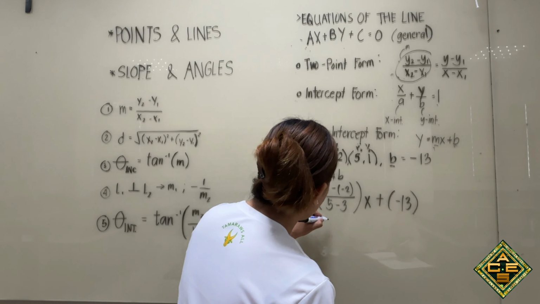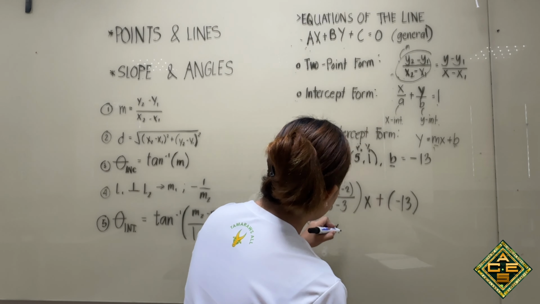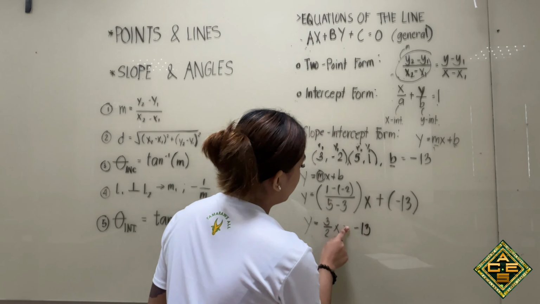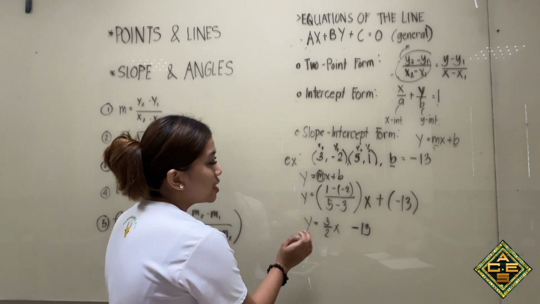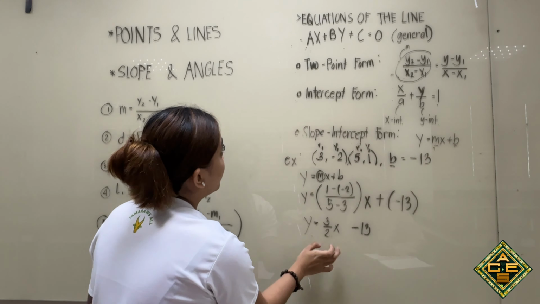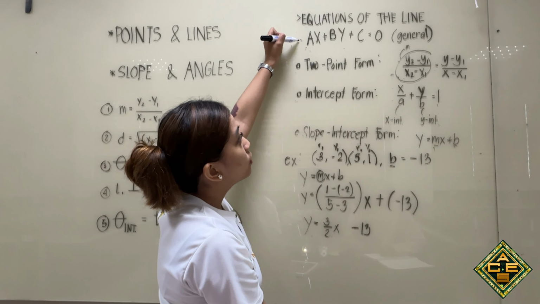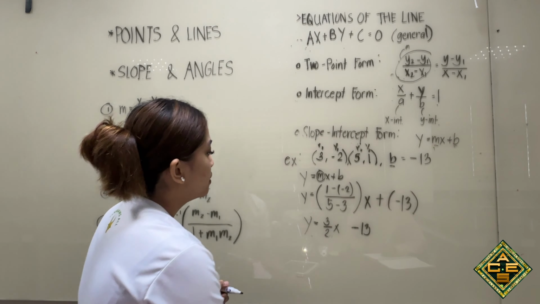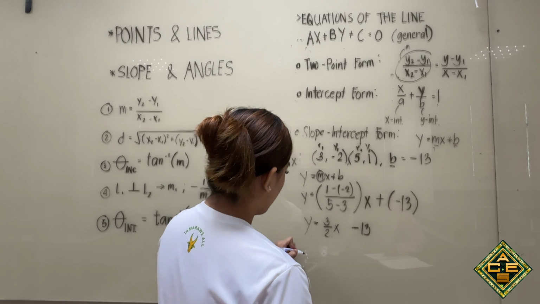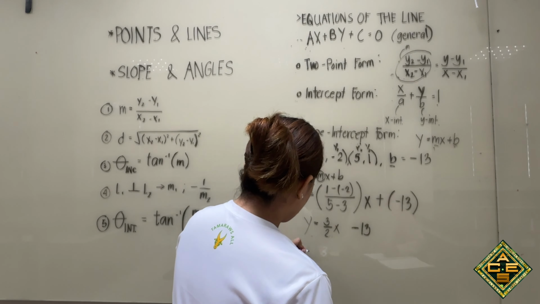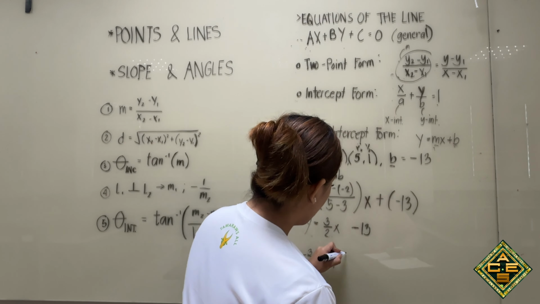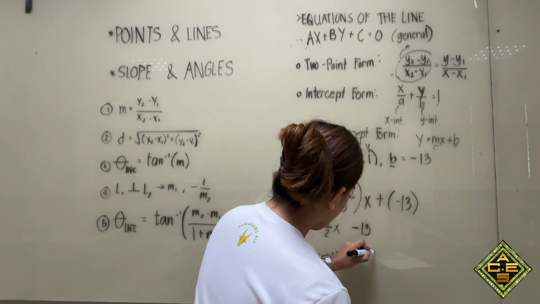We get 3 over 2x plus -13, or simply minus 13. As you can see, this is in slope-intercept form. We have to manipulate this to get to the general equation of the line. We transpose everything to the other side: -3 over 2x plus y plus 13 equals 0.